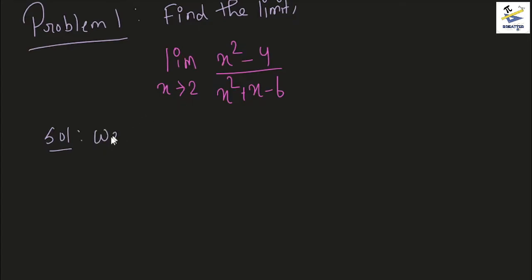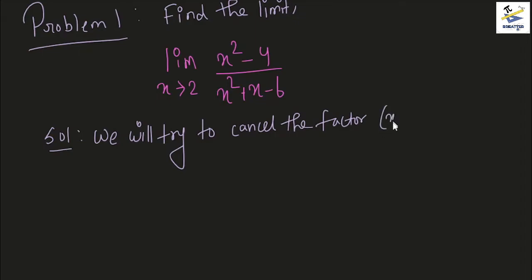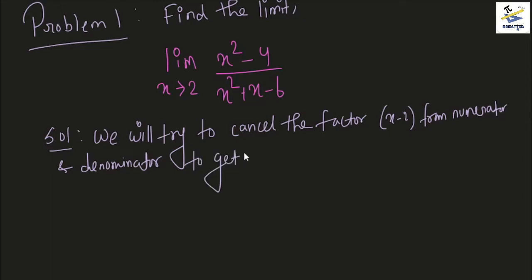So we will try to cancel the factor x minus 2 from numerator and denominator, to get something like x minus 2 into some g(x), and x minus 2 into some f(x).